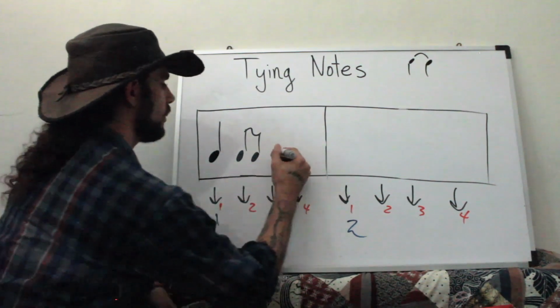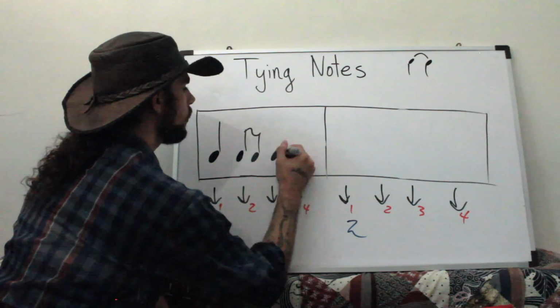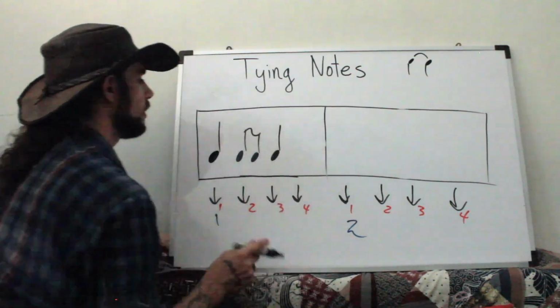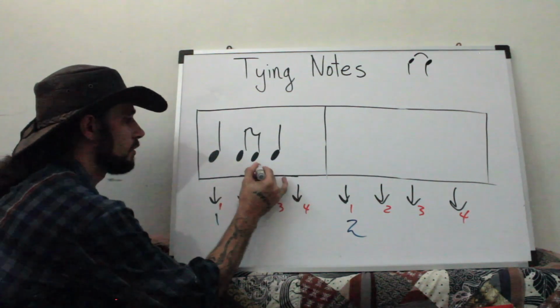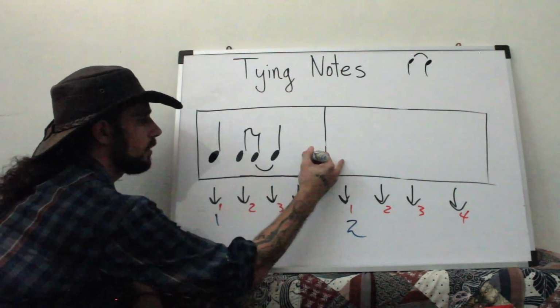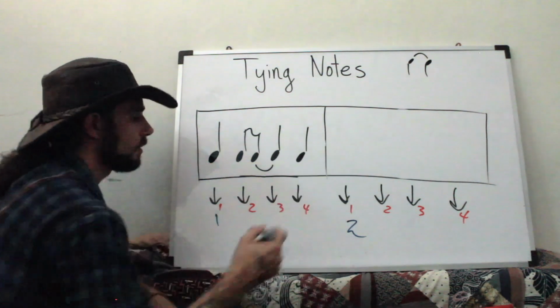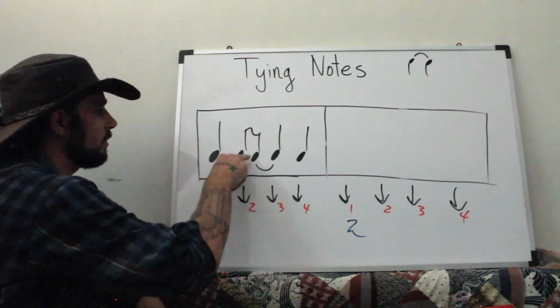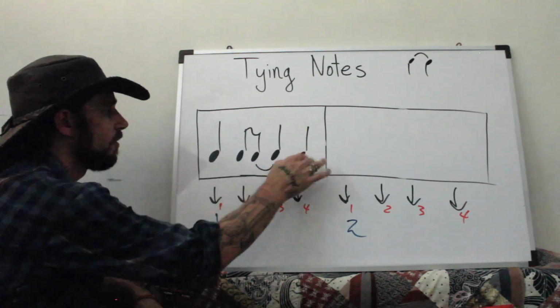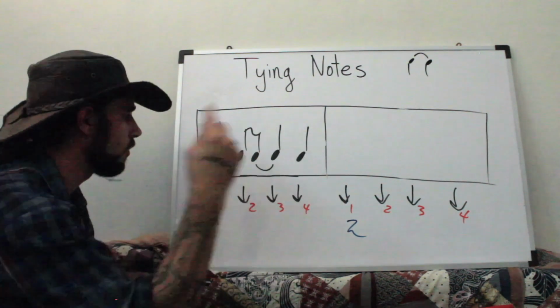Then what if we wanted a quarter note, and I want to tie these 2 together? And maybe we can put 1 more quarter. So we can see we've got 1, 2, 3, and then these 2 eighths make a quarter. So we have 4, which completes, and we have 1.